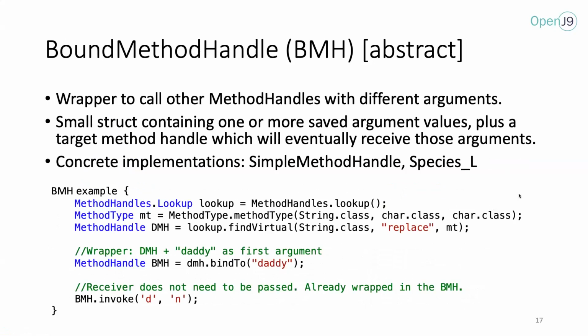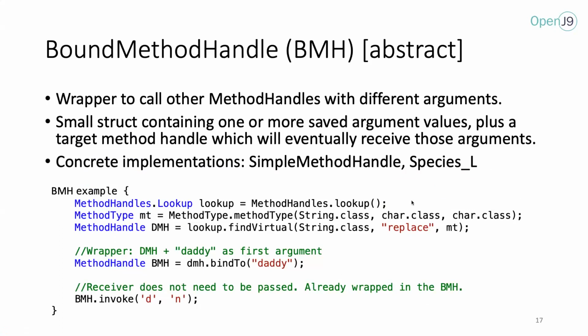And then the second class we want to talk about is the BoundMethodHandle types. In simple terms, it is just a wrapper to call other method handles with different arguments, a method handle with one or more saved argument values, plus a target method handle that will receive those arguments.